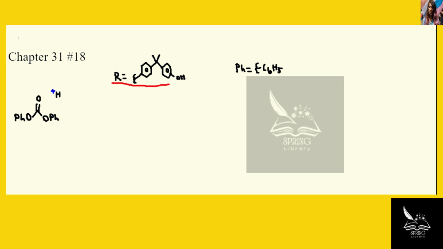Rather than redraw these large pieces of the molecule that don't participate in this reaction, I'm going to abbreviate as R the majority of this bisphenol A, and I'm going to abbreviate as Ph the two phenyl rings on the diphenyl carbonyl compound.